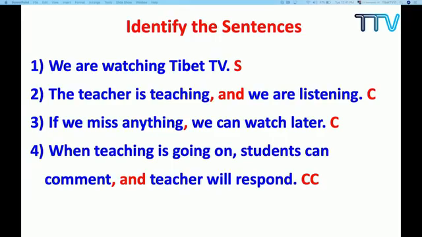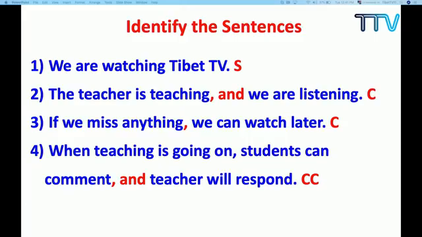If you look at this sentence, you will find two independent clauses. One, the teacher is teaching, a complete independent clause. The second one, we are listening, a complete independent clause. So two independent clauses are joined by the connector "and." So this becomes a compound sentence.